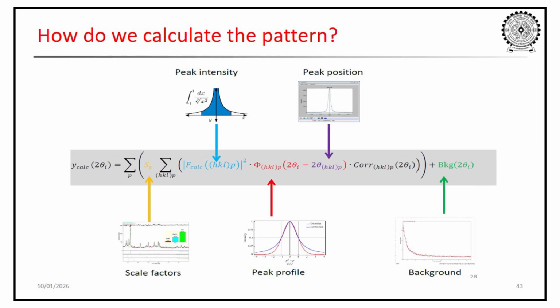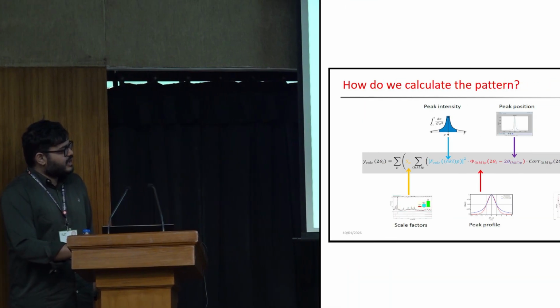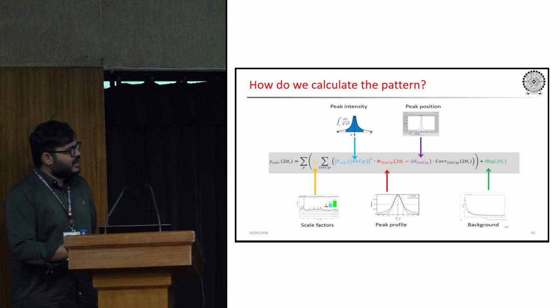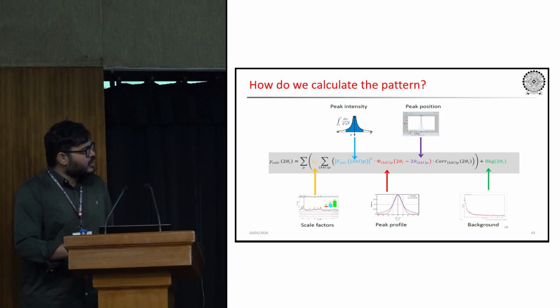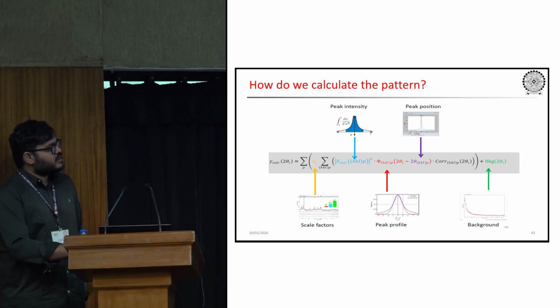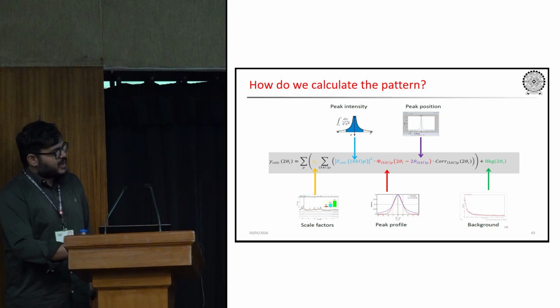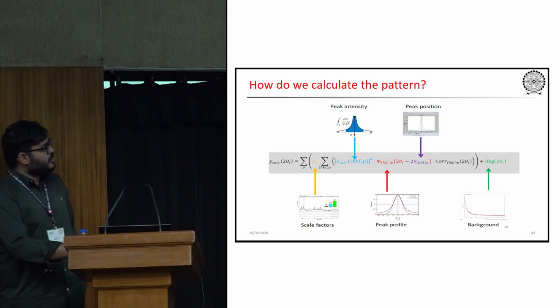Right? So how do we calculate the pattern? So this is the calculated pattern. You have a scale factor, then you have a structure factor of the material, then you have a peak profile. It's a bit of complicated maths, which I won't go into right now. Basically, your calculated pattern is coming from a combination of all this information, plus the background from the instrument.